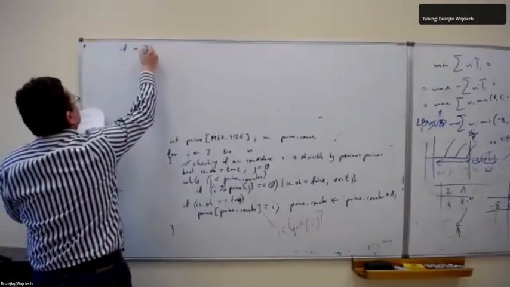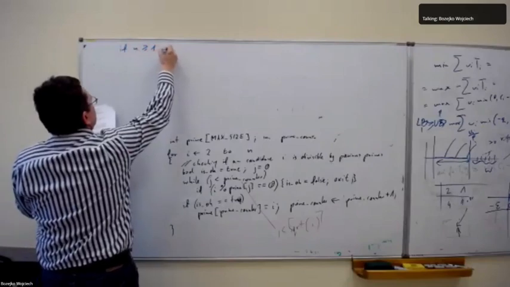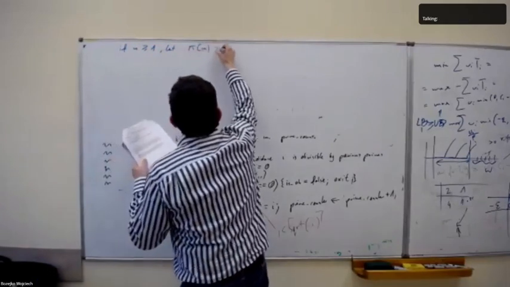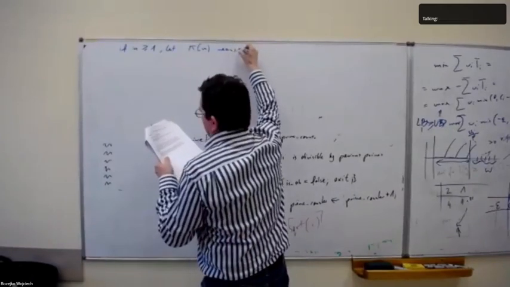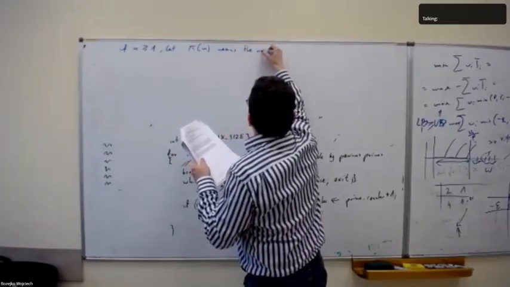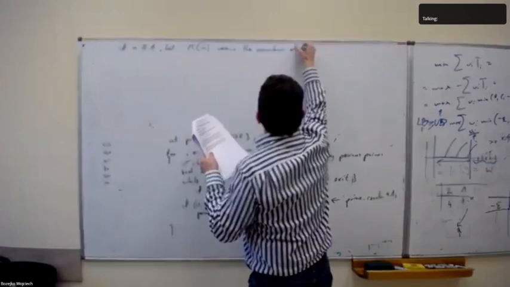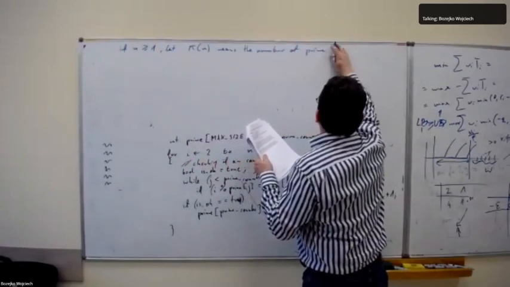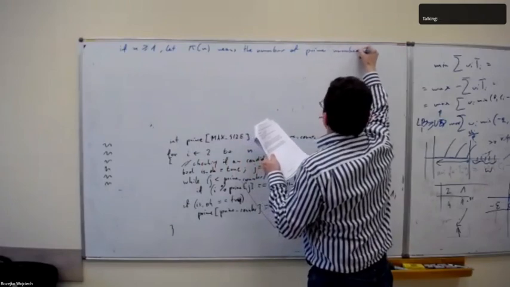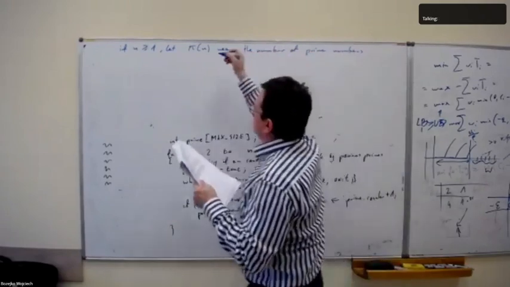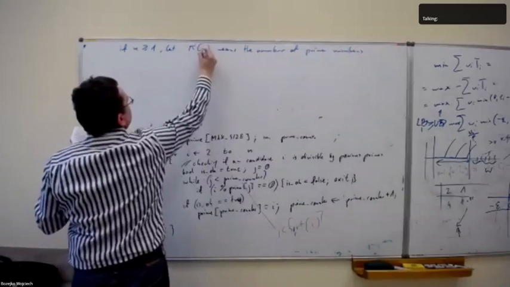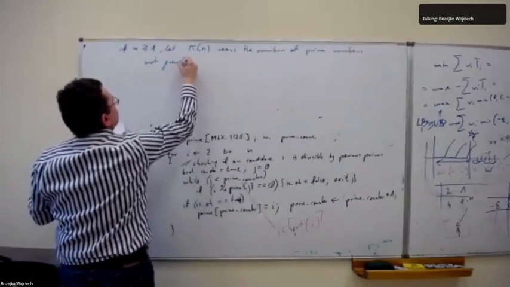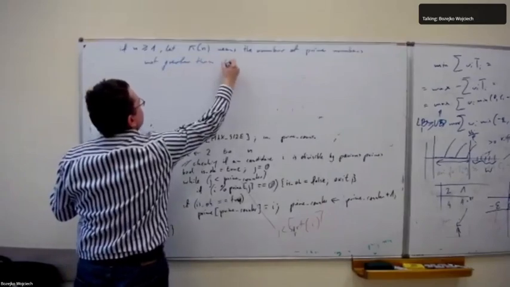If n is greater or equal to 1, let P(n) mean the number of prime numbers not greater than n. P of n, not greater than n.